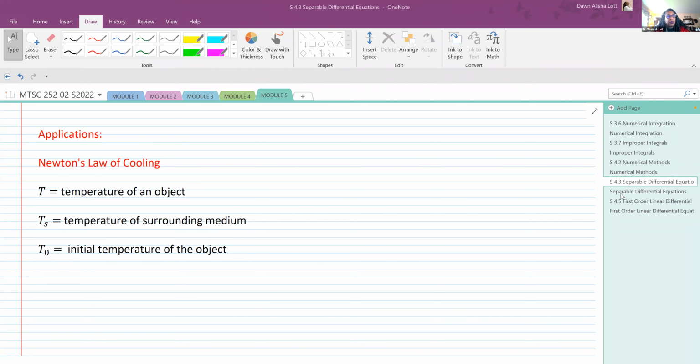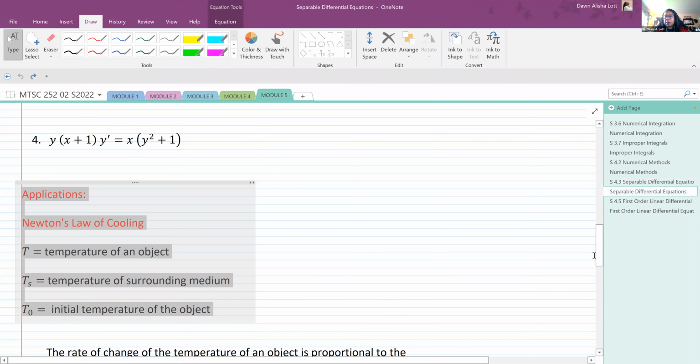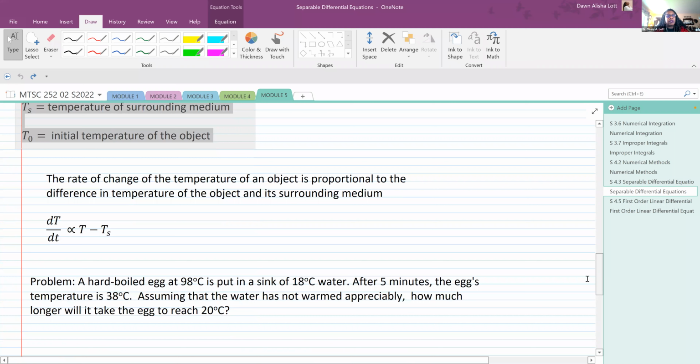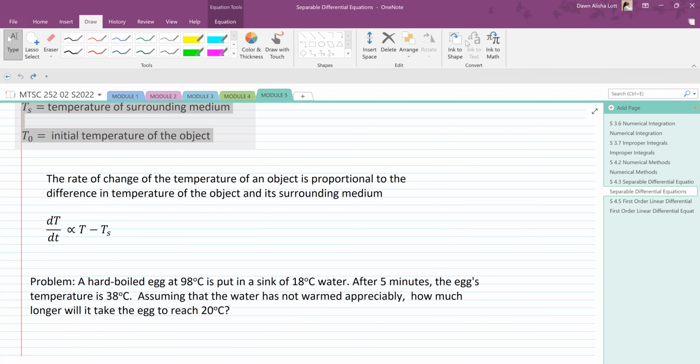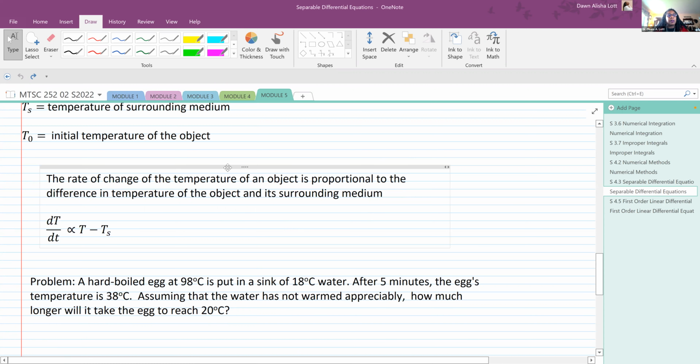So we are going to use the fact that the rate of change of temperature of an object is proportional to the difference in temperature of the object and its surrounding medium.